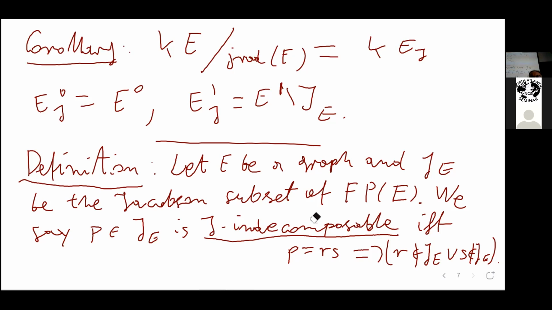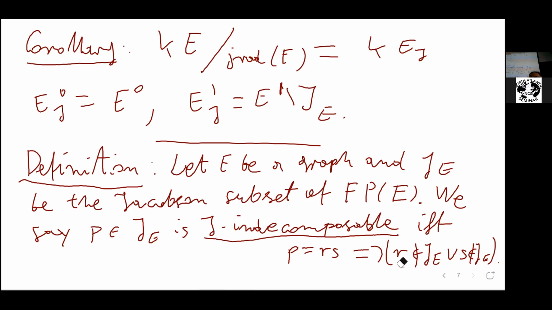Because you could think, all right, why do I say what is a J decomposable path, which is an arbitrary path, perhaps beyond the Jacobson subset? Okay, so let's take a path beyond the Jacobson subset. If you can write a path beyond Jacobson subset as RS, then of course it's a must.